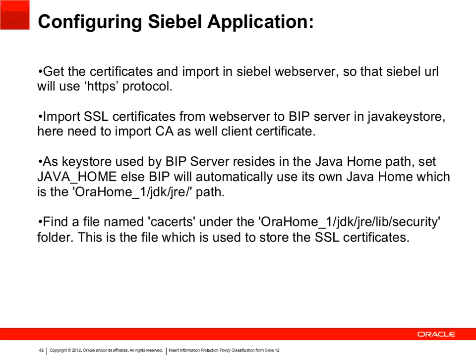Moving on. Now, since we know what SSL is used for, there is a requirement where I want all the communication from the Siebel web server to the BI Publisher to be in an encrypted format. Let's take an example of the web server. Let's take a scenario where my Siebel web server is already configured to use a secure protocol, which is HTTPS.